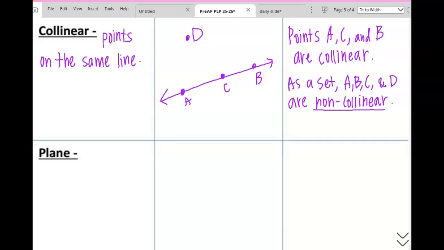You already told me how many points make up a line. 2. So technically, officially, D is a point, right? D can make a line with who? Or B. But is there a line there? No. But in geometry, an invisible line doesn't mean it doesn't exist. So my invisible line, I'm doing dashes just to show you that it can be invisible.